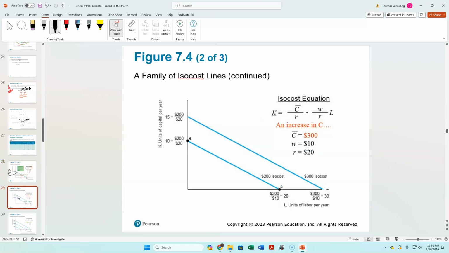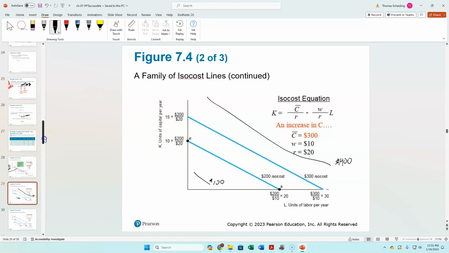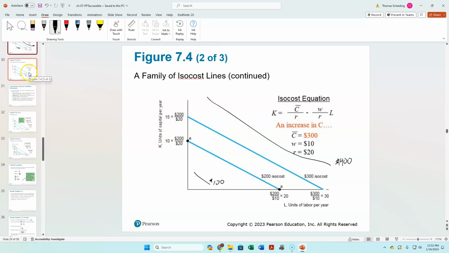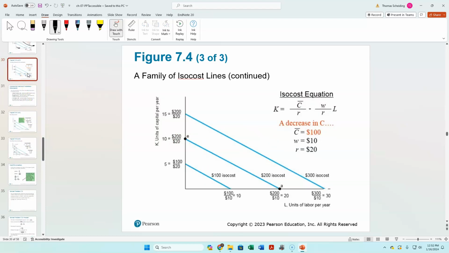And we can see here, not too surprisingly, that the higher the budget allocated for things, the further from the origin the iso cost line is. So we could imagine one way out here for a $400 budget, and so on and so forth, and then one down here for a $100 budget, because it would just mean less labor and capital that I can afford.